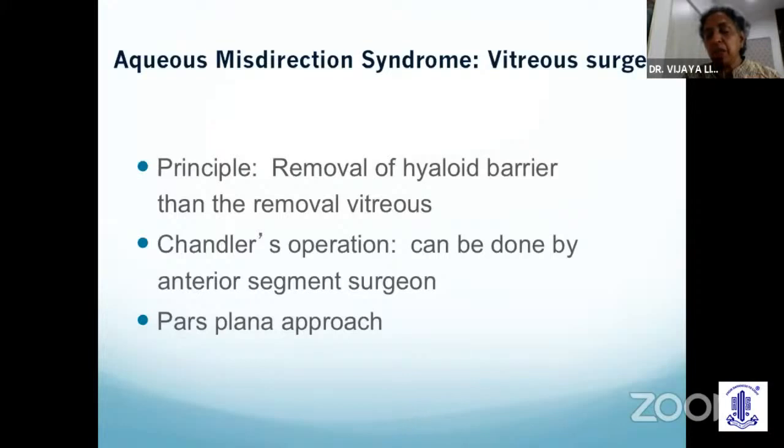Basically, you are making the eye into a single chamber to avoid aqueous misdirection happening even with time. The initial procedure recommended was Chandler's operation, and it can be done by an anterior segment surgeon. But with the technology we have today, nobody does the blind Chandler's operation; most of the time it is pars plana vitrectomy.